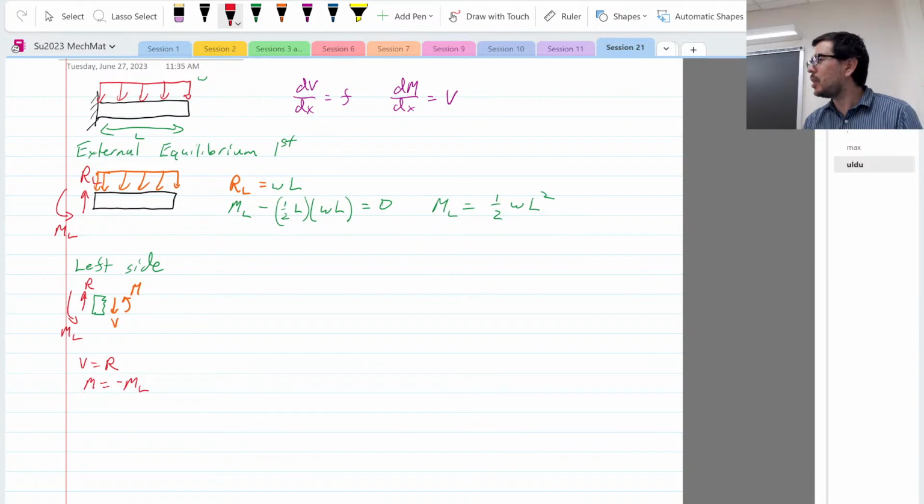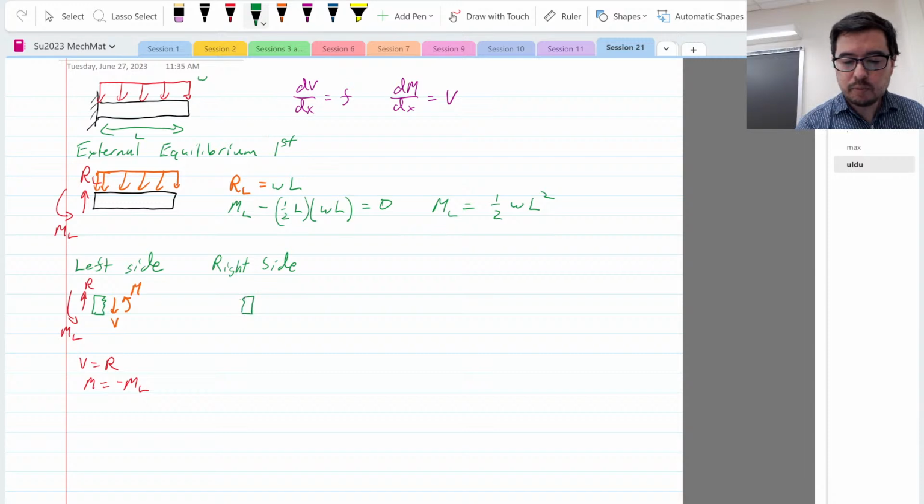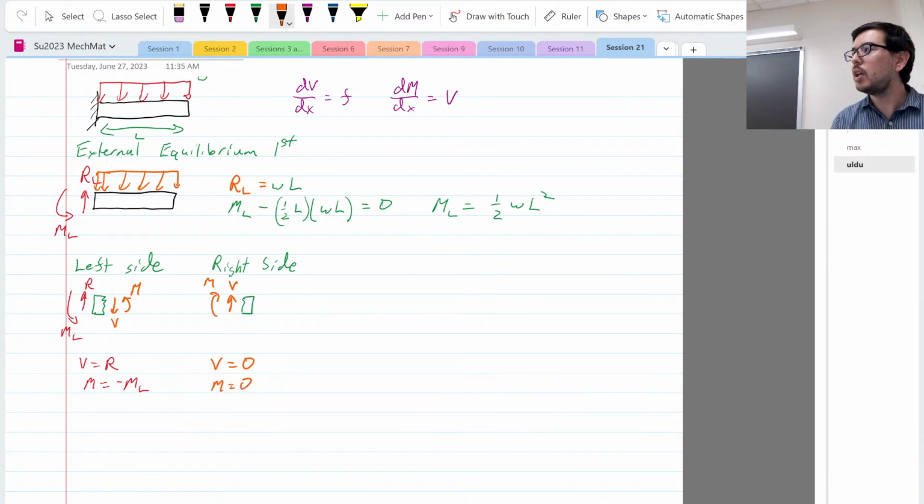That's not so nice, but that's how it goes. The right side, we draw this out and follow the convention, and we have V equal 0 and M equal to 0. So that's good.